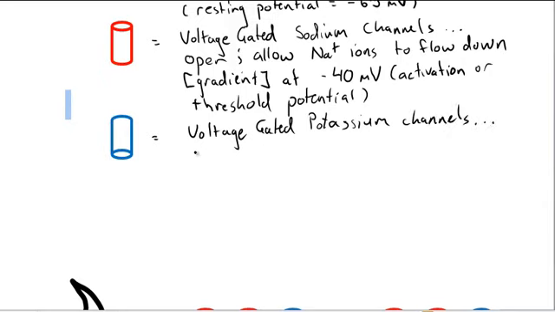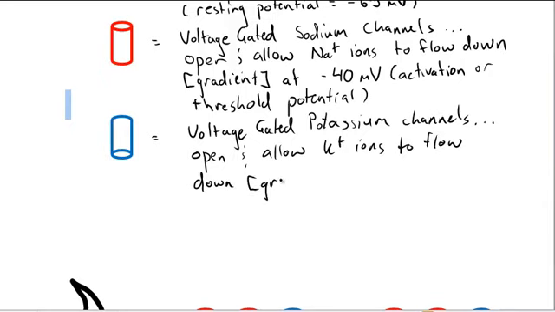And these actually open and allow K+ ions to flow down their concentration gradient at approximately positive 40 millivolts. This is called the maximum potential.